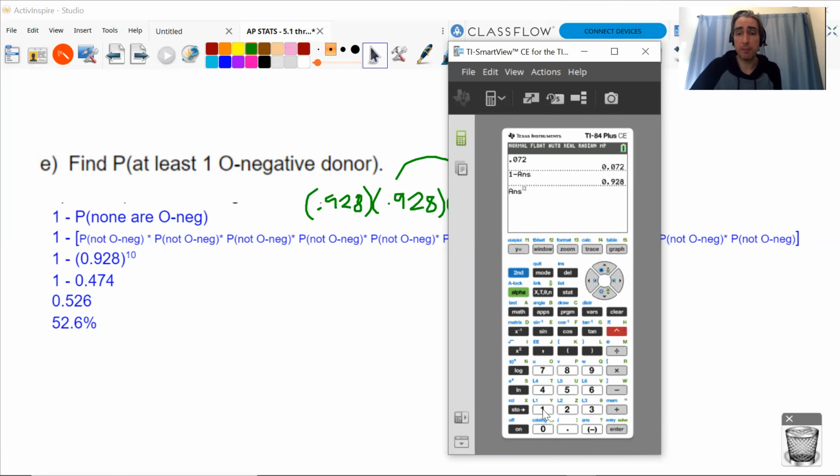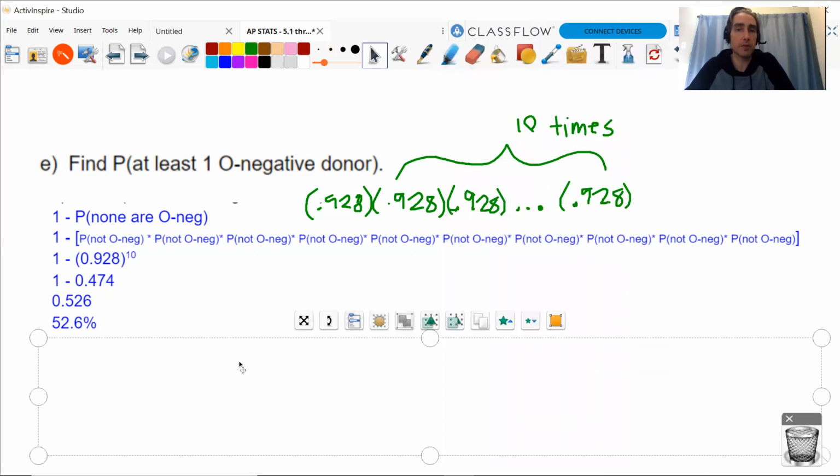If we raise that to the 10th power, that's the probability that nobody in a sample of 10 has O negative blood. Which means that if we subtract that from 1, that represents the probability that at least one person in a group of 10 is going to have O negative blood. So look at that calculator progression there and jot that down so you know how to do that. And there's your answer, 52.6%.